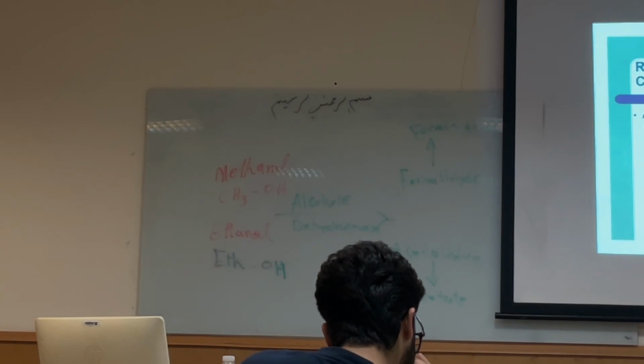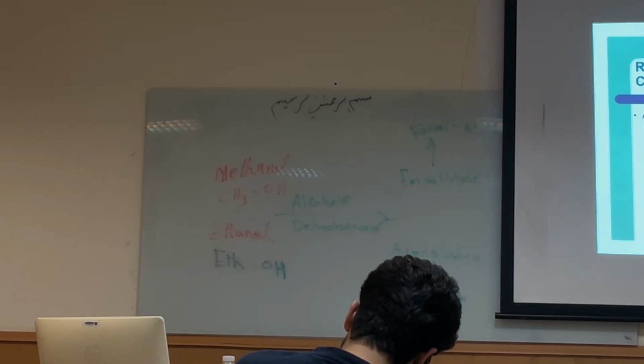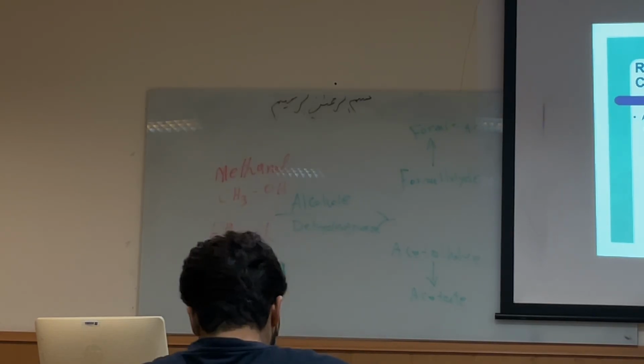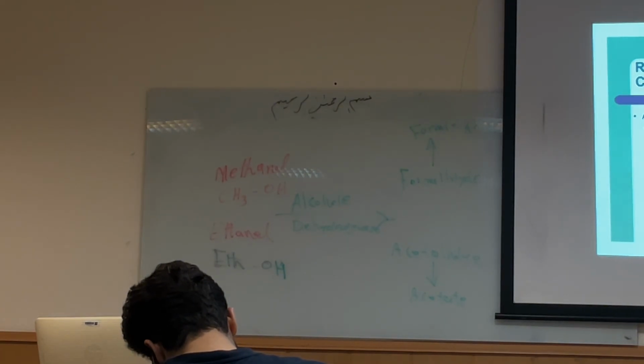For the non-competitive inhibitors, if you remember, in competitive ones, we have it like this. Our enzyme and substrate, this is a normal process, but in the competitive ones, the inhibitor can bind to the enzyme. But in non-competitive, it can also bind to what?